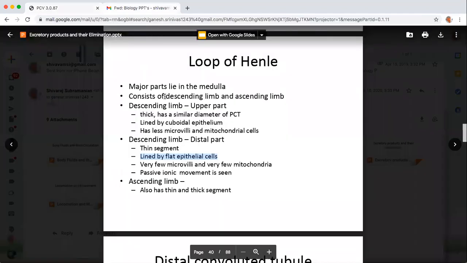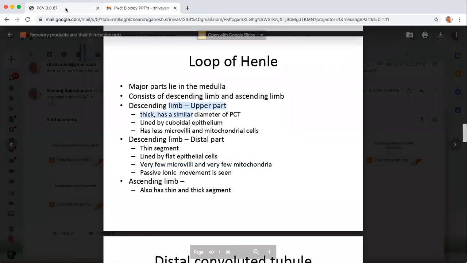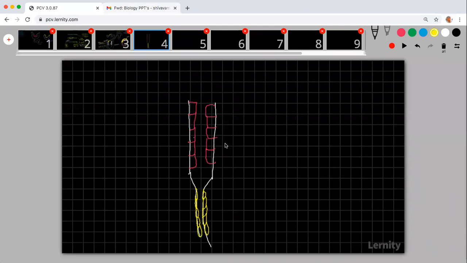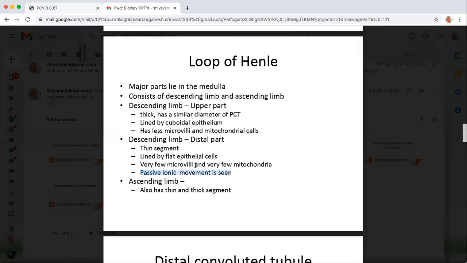So this is the case. And here also it will have very few microvilli and very few mitochondria. Compared to that part, this will be lesser, and this will be even lesser. Which one will have more? The PCT will have more. Passive ionic movement is seen here, only passive ionic movement.